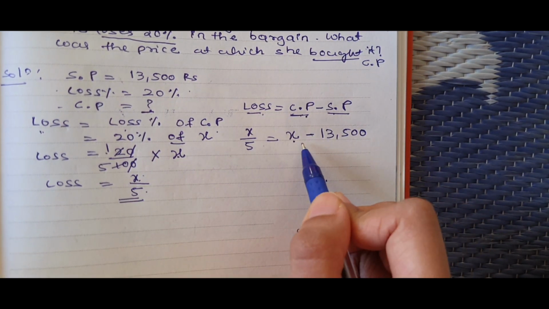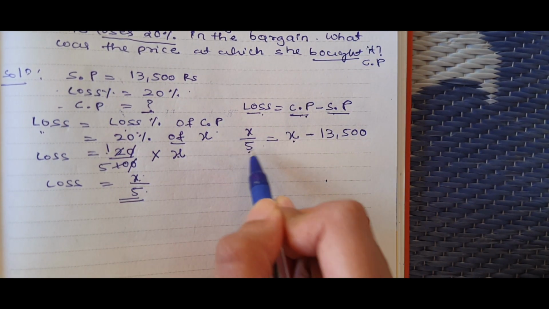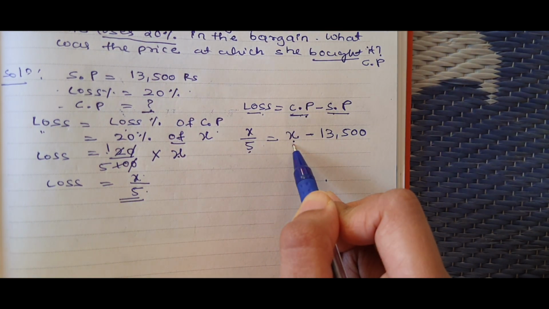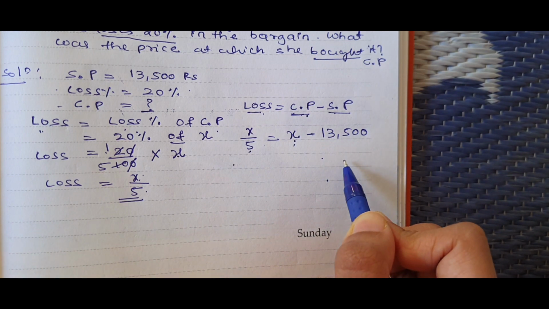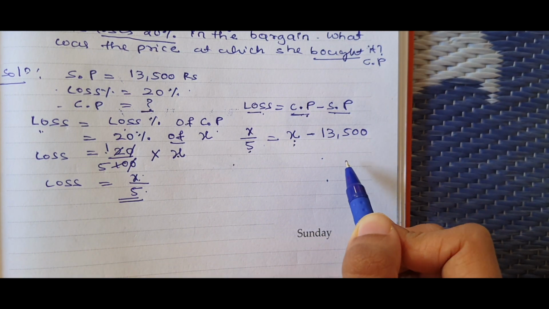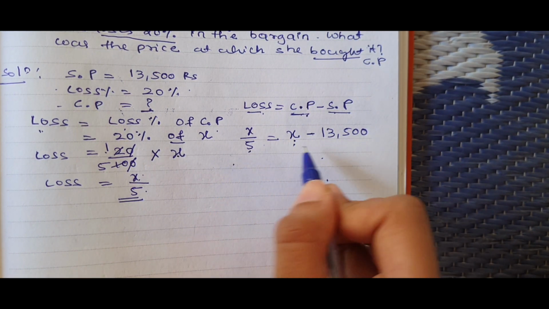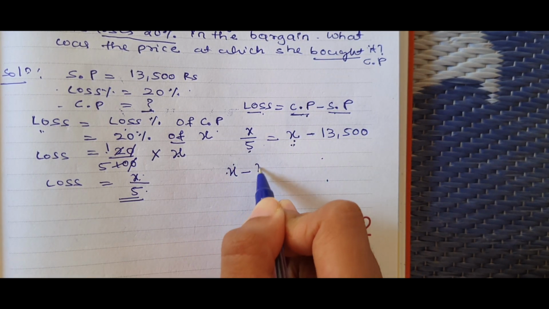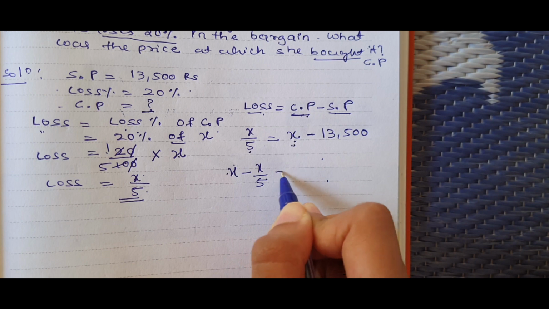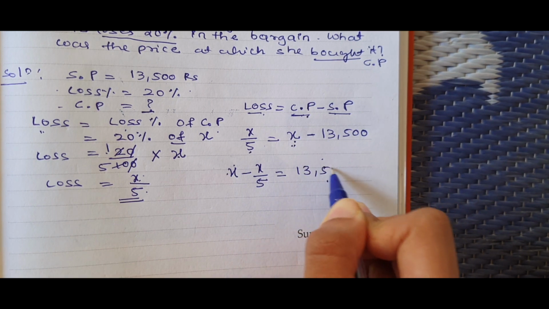Okay. Now let me keep the unknown values, X divided by 5 and X, on one side and the known value 13,500 on the other side, in the RHS. So if I move this from here to here, this will be X minus X divided by 5 equal to 13,500.